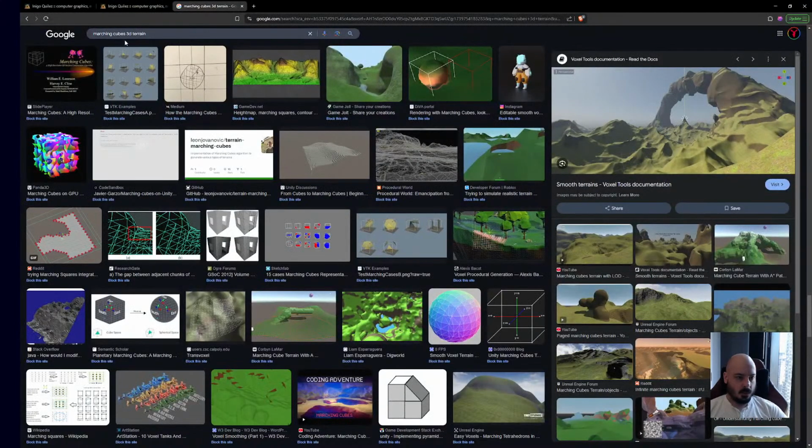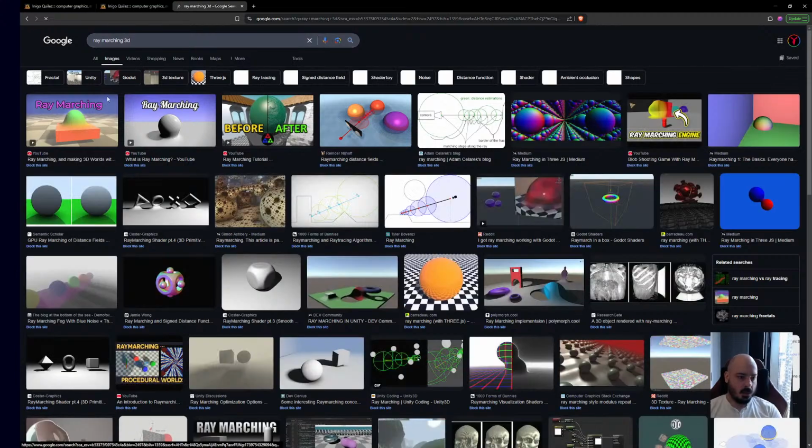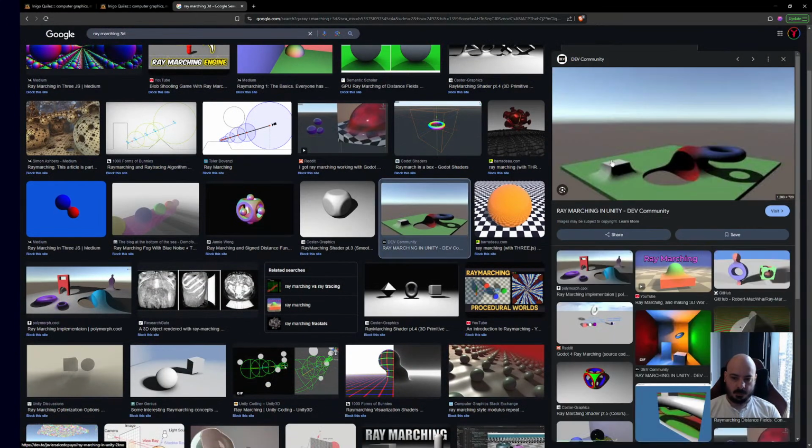Ray marching is really cool because you get these sort of objects that blend into each other like this. So this is a plane and a sphere, and they sort of look like they're combined, which I think would be really interesting for a horror game.